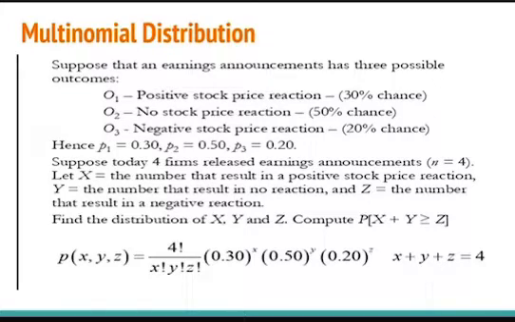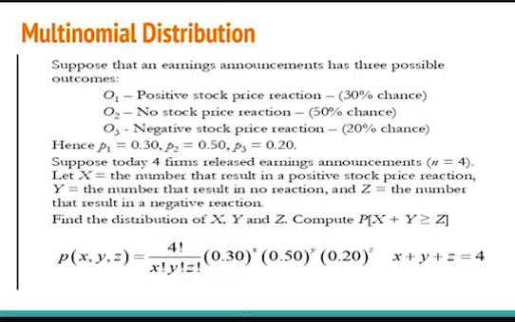Now, suppose today four different firms release an announcement. It means N is going to be equal to 4. Now let X, you need to define your X, represent the number that results in a positive stock price reaction. That's what they want, so that we can jubilate.